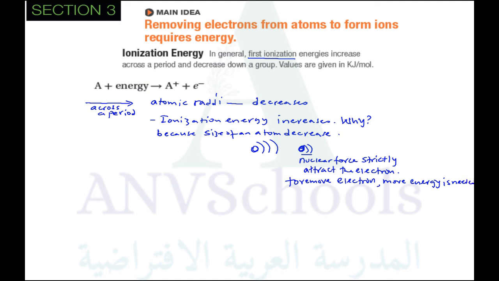And the opposite. If the size of an atom increases, let's say down a group, ionization energy decreases. Why?